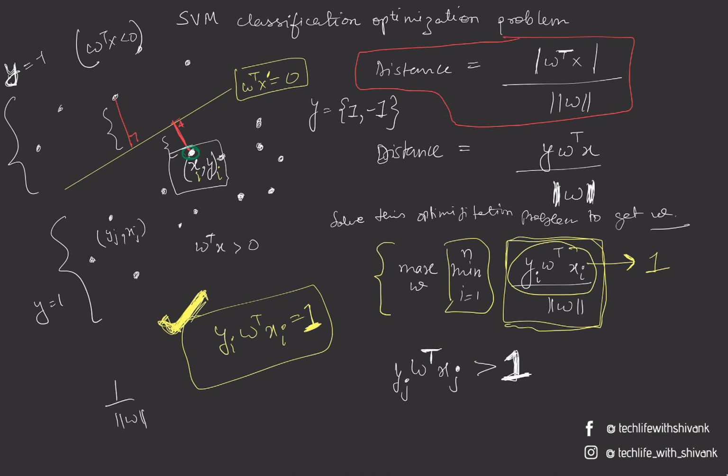That's why the distance of every other point should be greater than 1 by mod w, so the numerator should be greater than 1, and hence yj w transpose xj should be greater than 1.